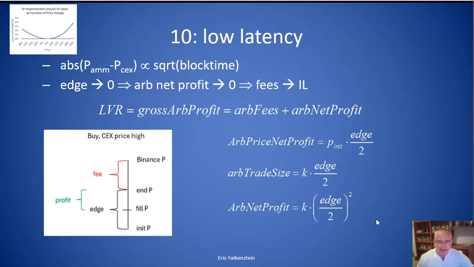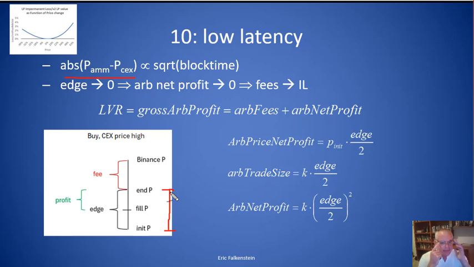The last one here is this low latency idea. This is interesting because it's built on this idea that the arb profit is linear in the square of the price discrepancy. So the difference, what I call the edge, that is between the current price in the AMM and the ending price for the arb, which is going to be the Binance price plus or minus the fee, is going to be proportional to the square root of time in the block.